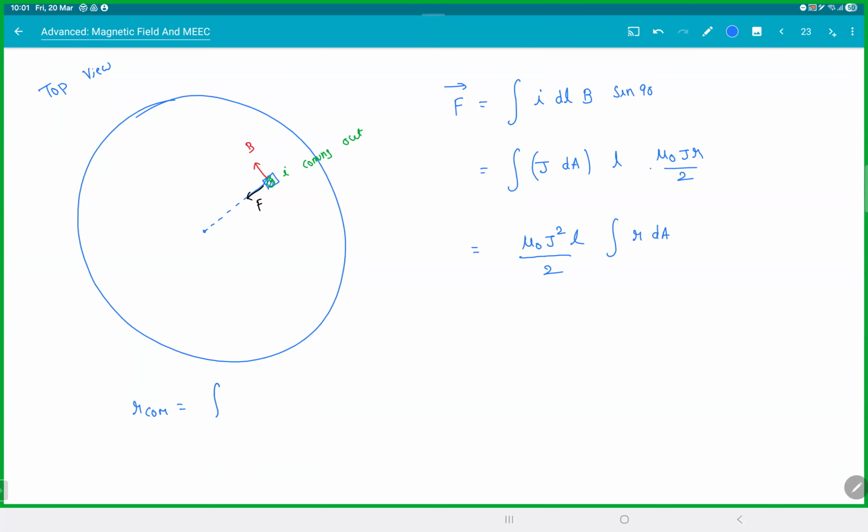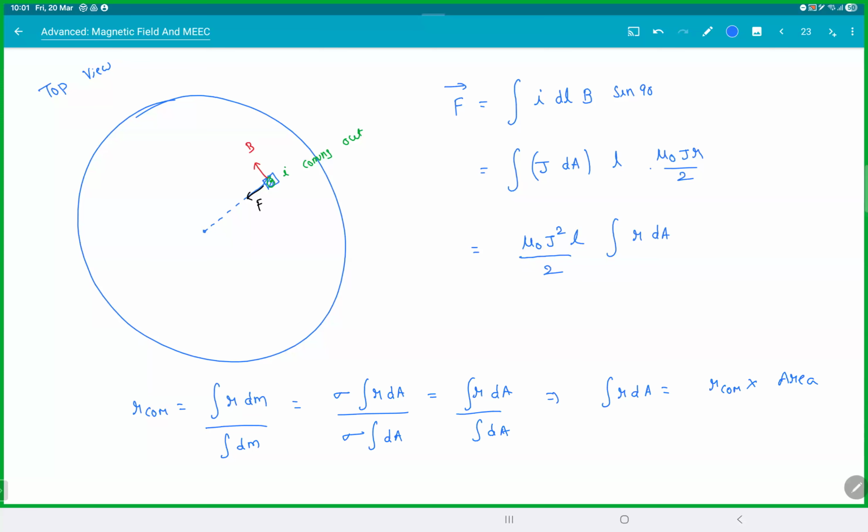So r_COM is nothing but integral r dm by integral dm. We can write this as sigma into r dA. Sigma into dA is the mass. Sigma into again dA. Sigma will cancel. You'll end up with integral r dA over integral dA. So you can write integral r dA as nothing but r_COM into A, where A is the area.